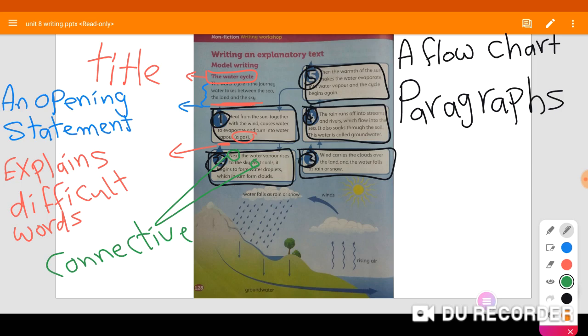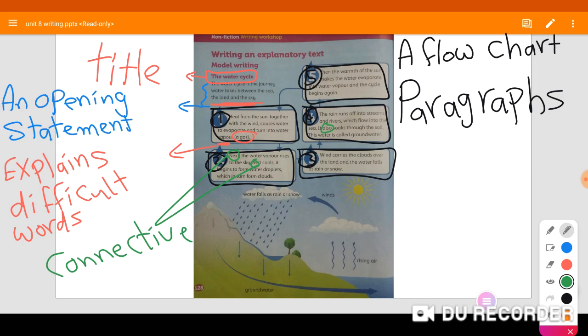Let's read number 3. Wind carries the clouds over the land and the water falls as rain or snow. Number 4. The rain runs off into streams and rivers, which flow into the sea. It also soaks through the soil. This water is called groundwater. What about also? It's a connective as well. Number 5.